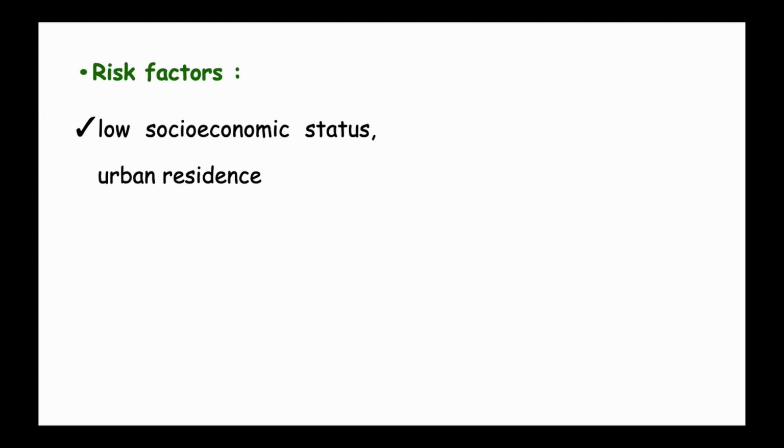Now, when we look at the risk factors involved in the cause of gonorrhea, we say that low socioeconomic status and also urbanization play a major role. This is because low socioeconomic status and usually isolation make people more vulnerable to risky behaviors like unprotected sex, especially with multiple sexual partners.